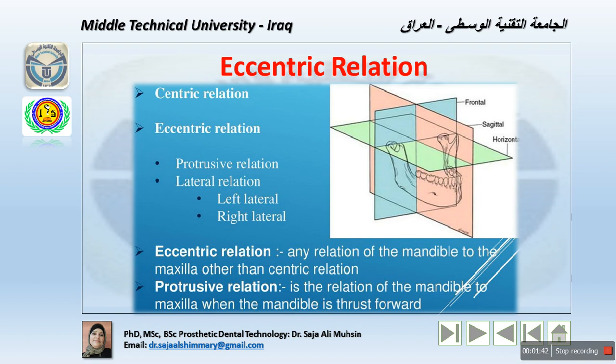Now, the eccentric relation, as I mentioned, is any relation of the mandible to the maxilla other than the centric one, and the protrusive is the relation of the mandible to the maxilla when the mandible is thrust forward. That means the opposite of the retraction of the mandible.